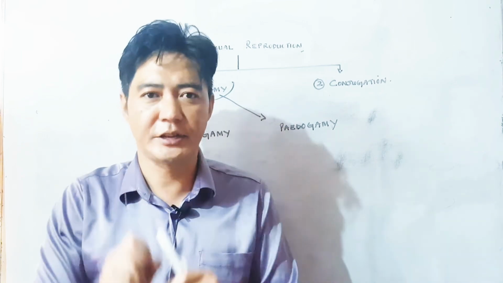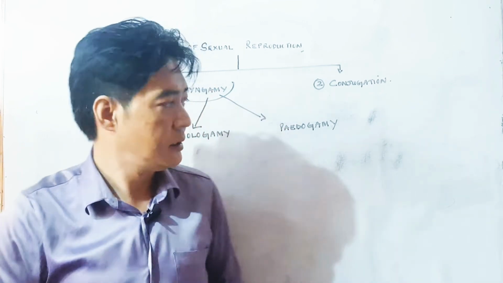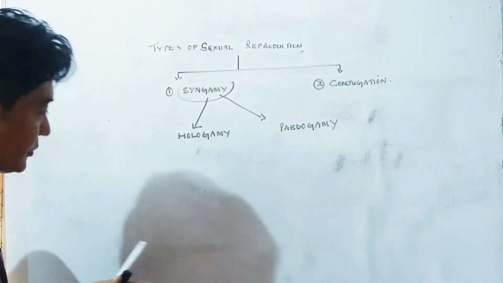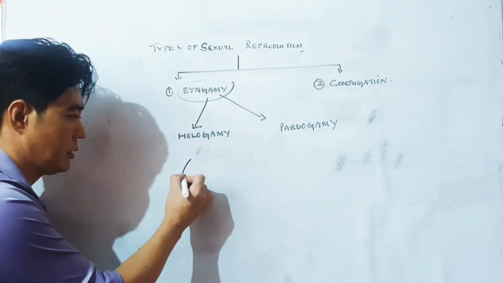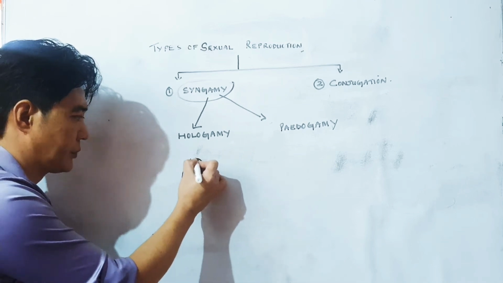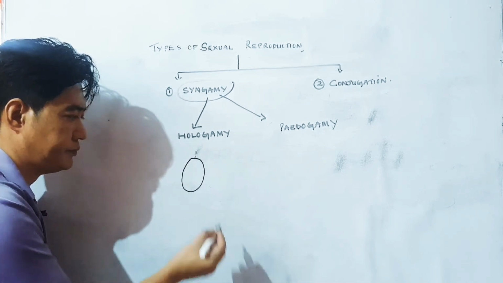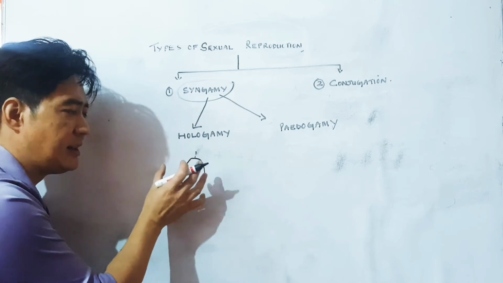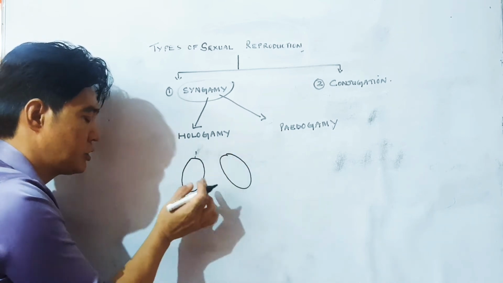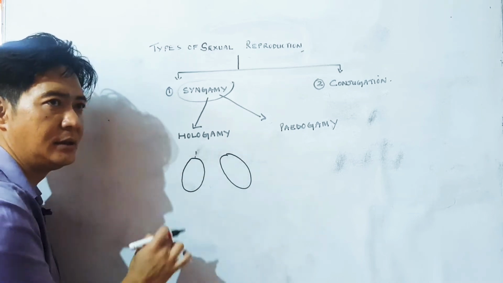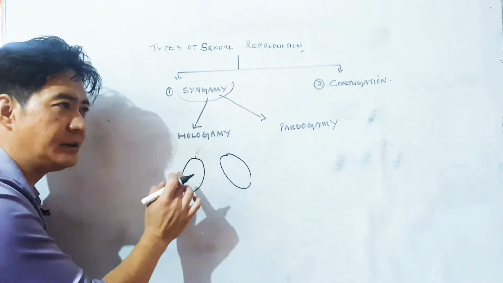acts as gametes. In hologamy, say for example yeast, fungus, this is a unicellular fungus, matured cell and another matured cell. This whole matured cell acts as a different gamete.